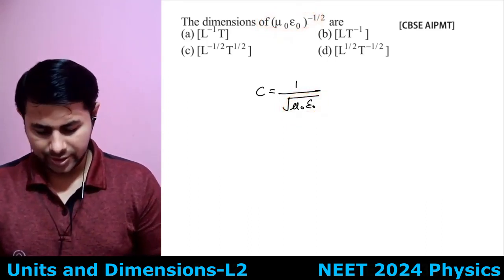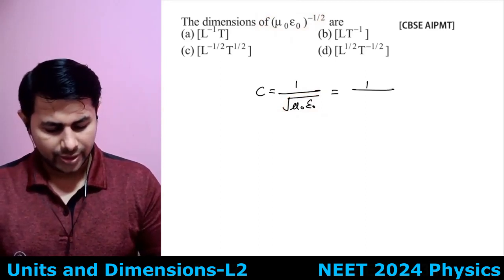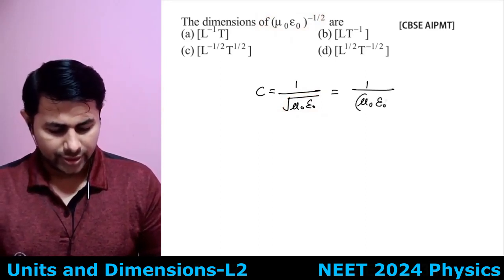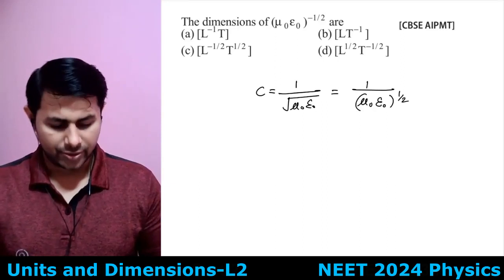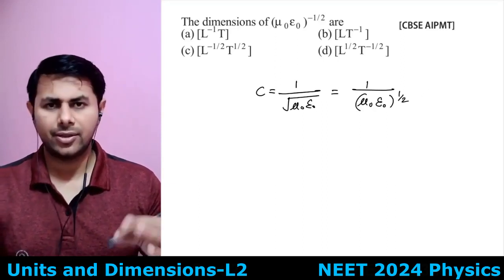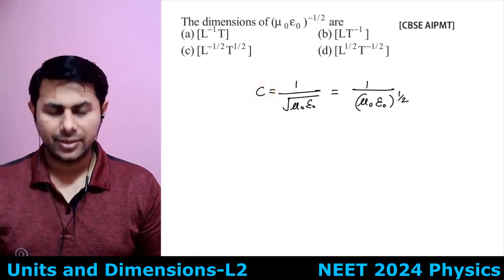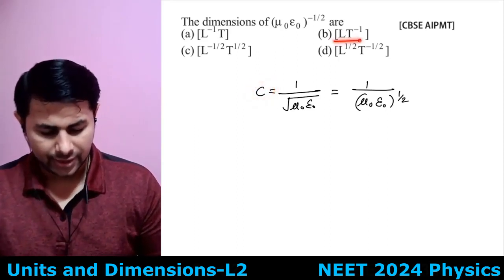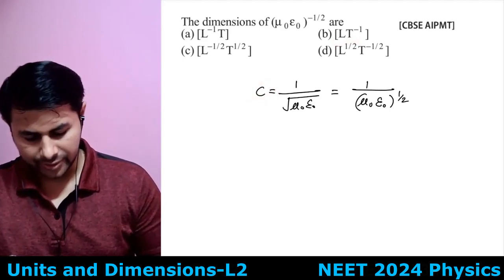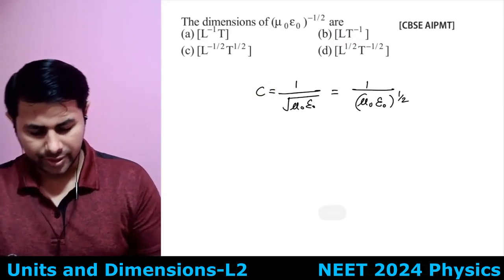This is 1 upon mu naught epsilon naught raised to half, the square root. If you take it in the numerator, it becomes minus half. C is the velocity, and that's why the dimensions are L T raised to minus 1. So this is simple if we know the formula.